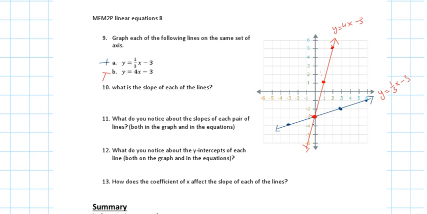All right. Now, what is the slope of each line? What's the slope of A? 1 over 3. What's the slope of B? 4.